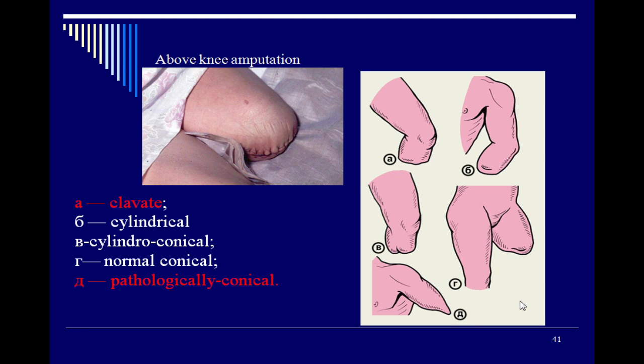And here you can see on the first picture above knee amputation. On the second picture you can see cleavage amputation, cylindrical amputation, cylindrical conical, normal conical, and pathological conical.